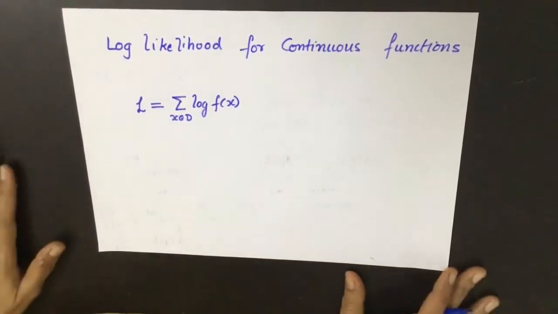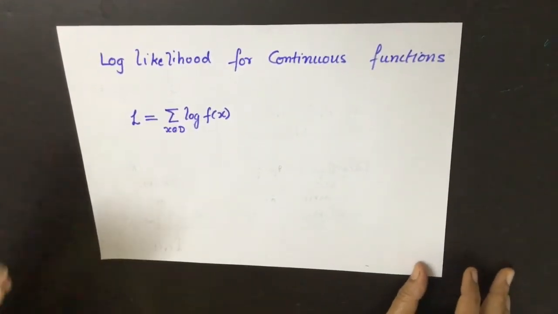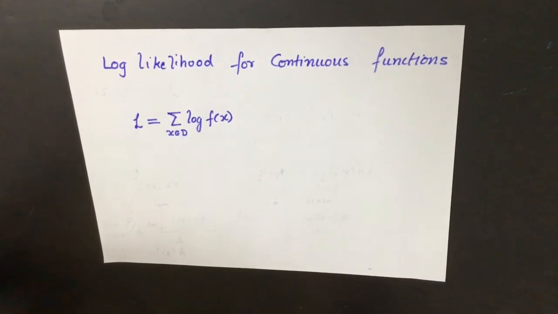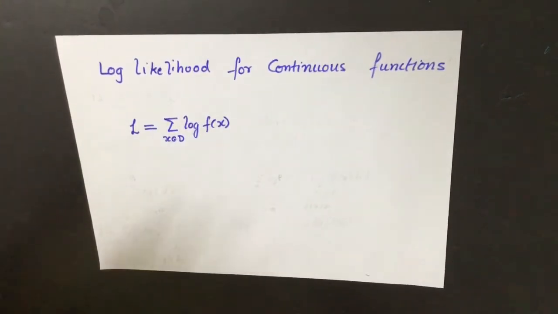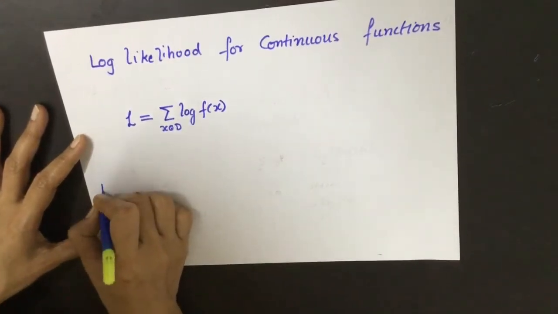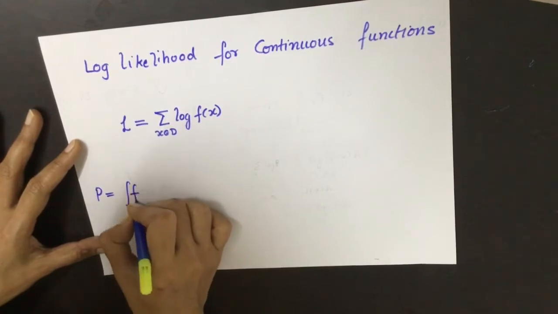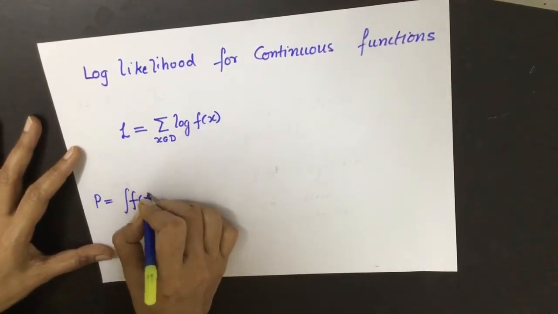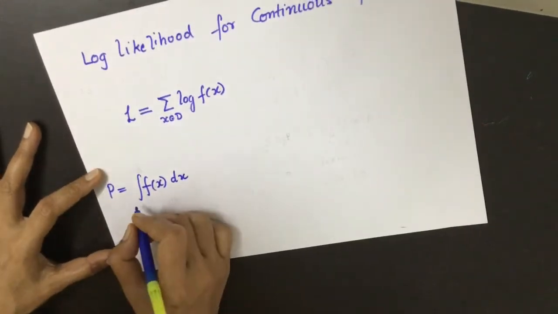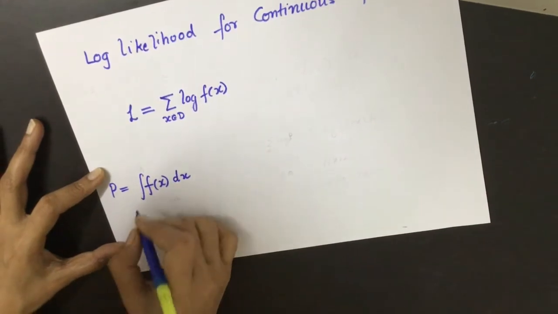The intuition behind it is that the probability over a very small area can be given as a product of the density function and that area. So let us see it in terms of formula. The probability for a region is given by the integral of the density function over that region.